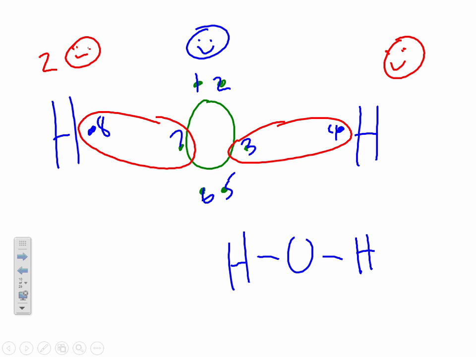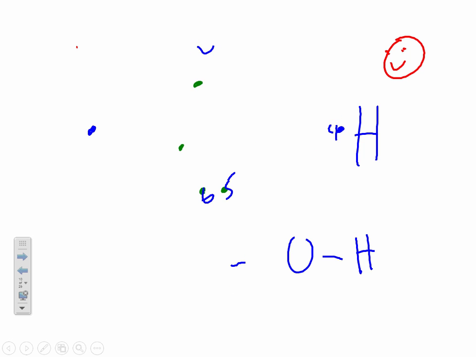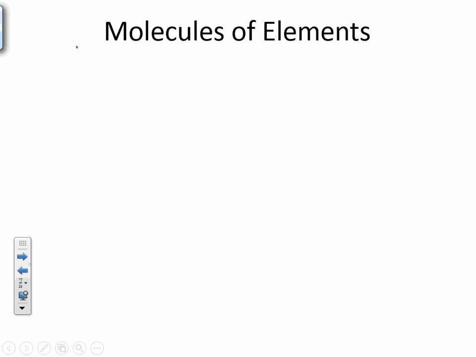If they share 2 electrons, it counts as 1 single bond. So kind of keep that in mind. That is a picture of how covalent bonds work. Remember, every atom wants 8 in its outer shell except hydrogen and helium. And hydrogen and helium are our 2 smallest elements, and they can only fit 2 electrons in their outer shell. So kind of keep that in mind when we talk about covalent bonding.